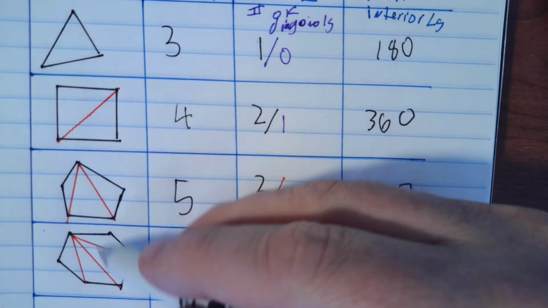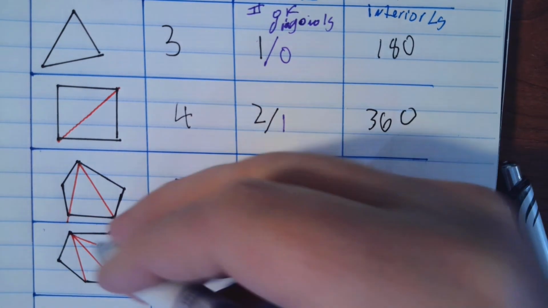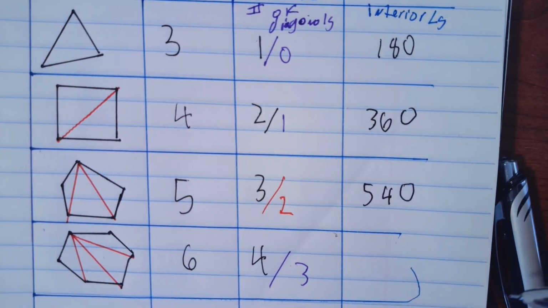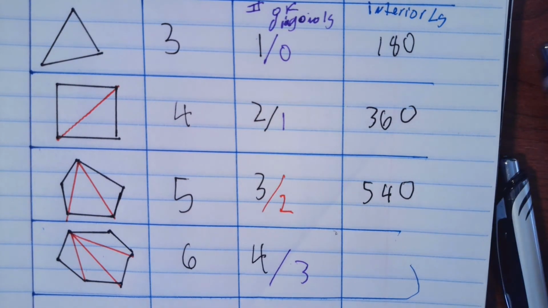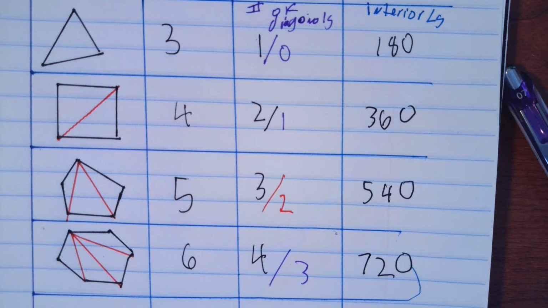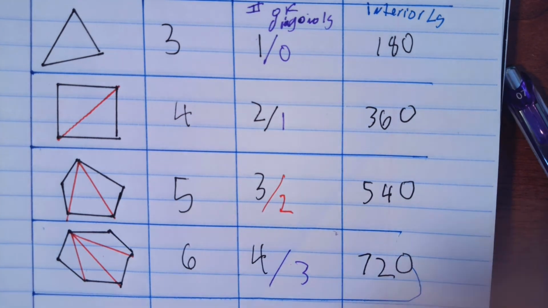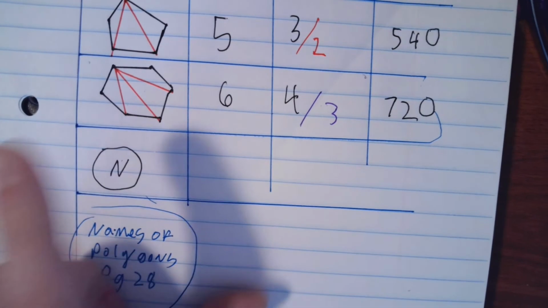I have 1, 2, 3, 4 triangles. 1, 2, 3. And this is going to be 720. Okay. So let's look at this pattern. Of course, 3, 4, 5, 6, and we're going to do an n-gon.